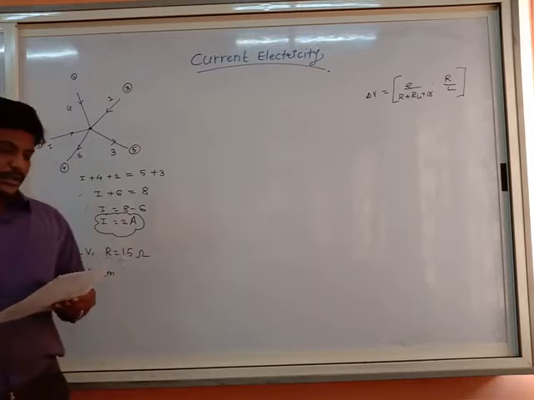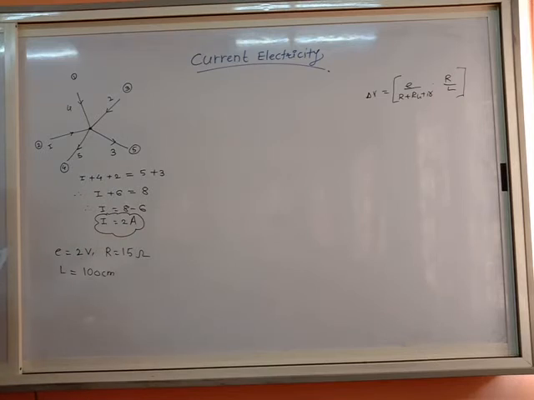If the resistance of the potentiometer wire is 5 ohm, then the potential gradient of the potentiometer wire is: option A 0.2, option B 0.02, option C 0.05 and option D 0.005.